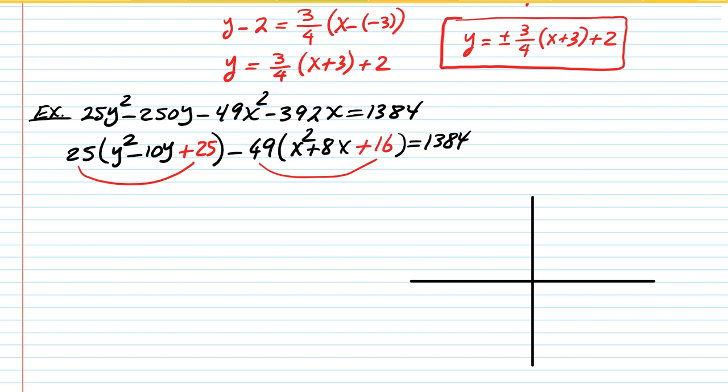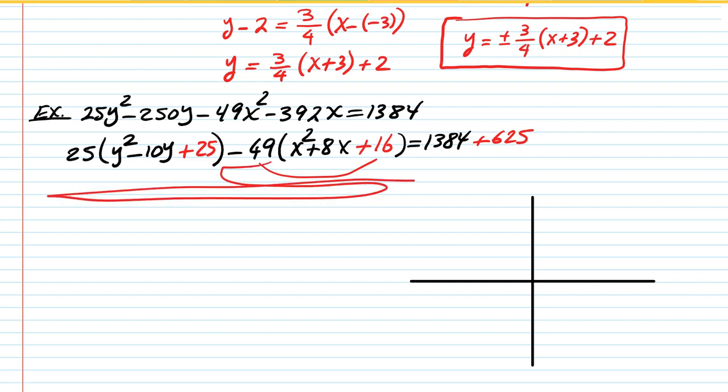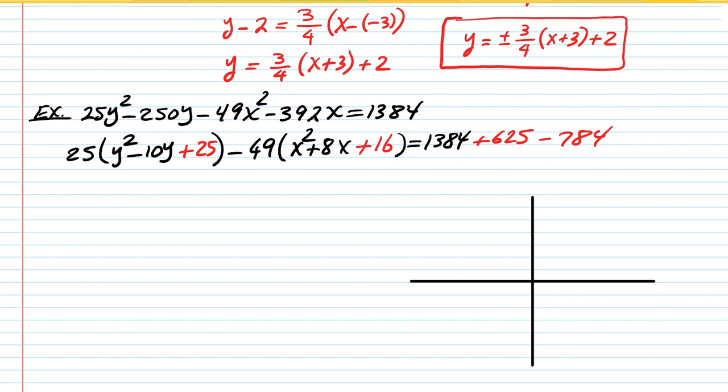So it looks like I added 25 in parentheses, but to this whole left side, I added a multiple of 25 times 25. That's plus 625 on the other side. And it seems like I added 16 in parentheses, which is true, but to that whole left side, I added -49 times 16. Turns out to be negative 784. That's what it turns out to be.